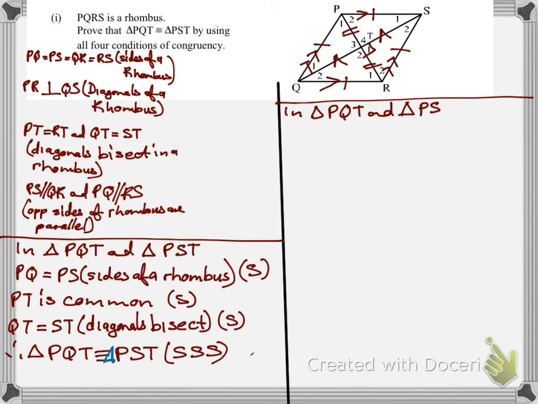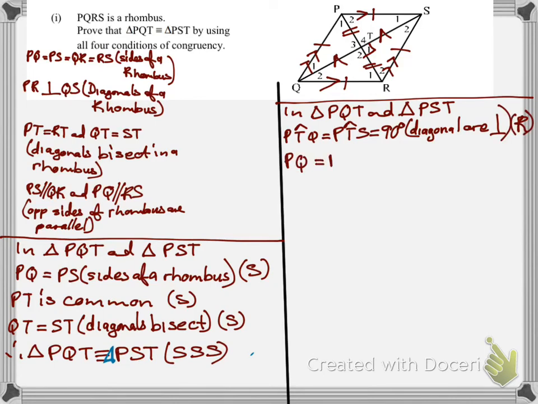And then they say I must use all four conditions. So another condition is that I'm going to say in triangle PQT and triangle PST, I'm going to say PTQ is equals to PTS. Both are equals to 90 degrees. Why? Because diagonals are perpendicular to each other. They are 90 degrees. My right 90 degree angle. And then PS is equals to PQ.